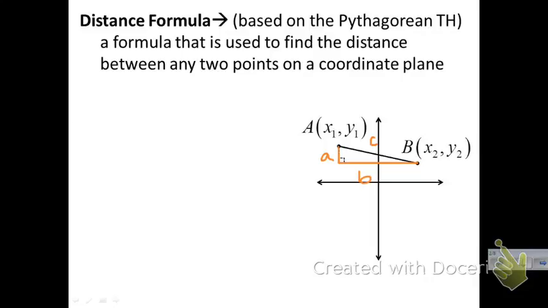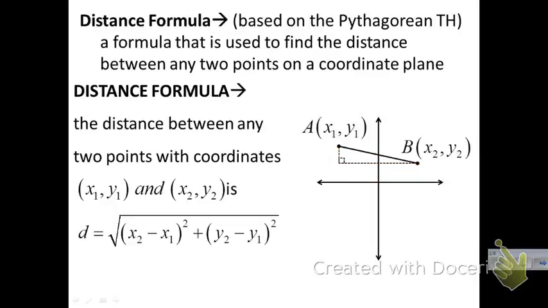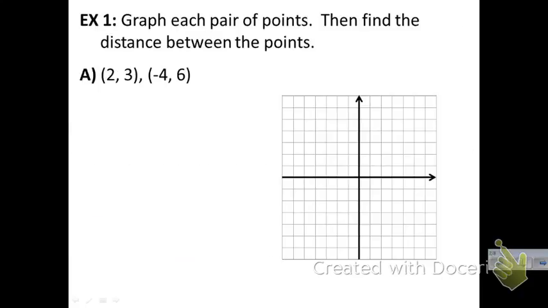Or we can use this formula, which says that the distance between any 2 points with coordinates x1, y1 and x2, y2 is d equals the square root of (x2 minus x1) squared plus (y2 minus y1) squared. So that's what's known as the distance formula.